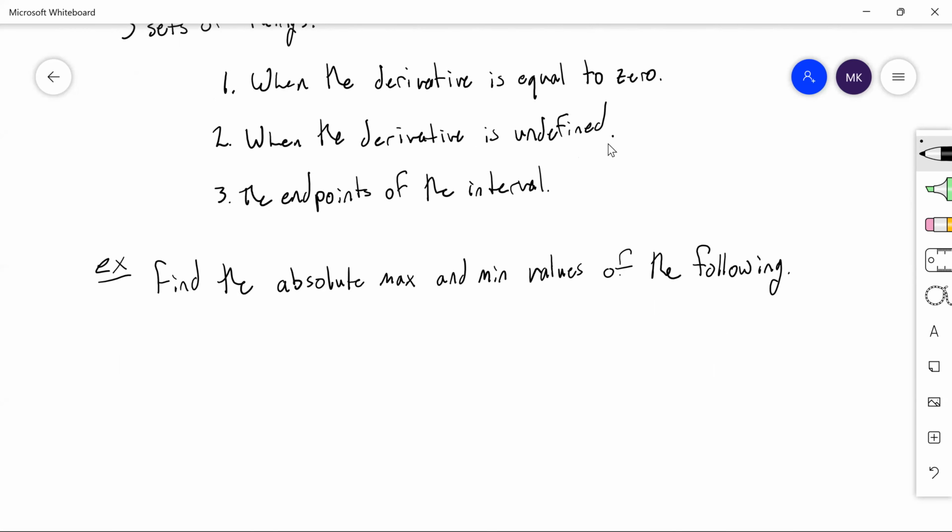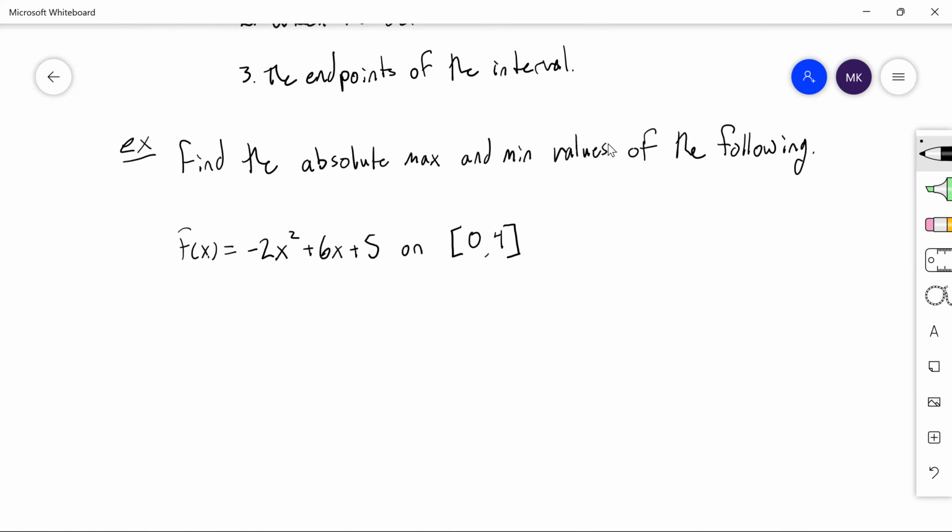So let's look at f of x equals negative 2x squared plus 6x plus 5 in the interval from 0 to 4.